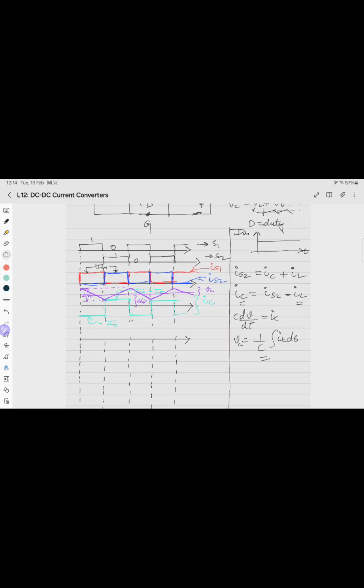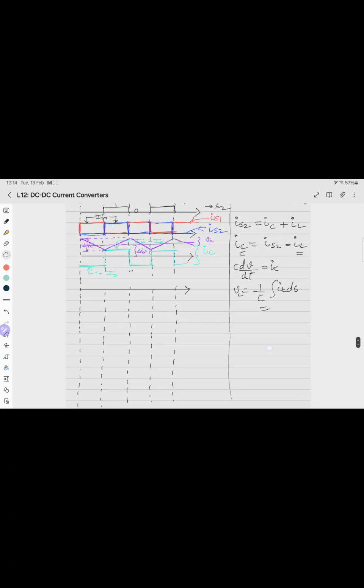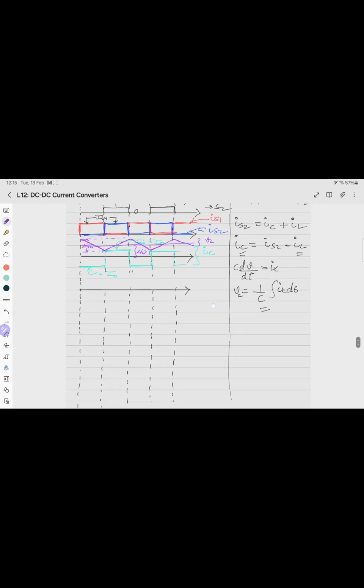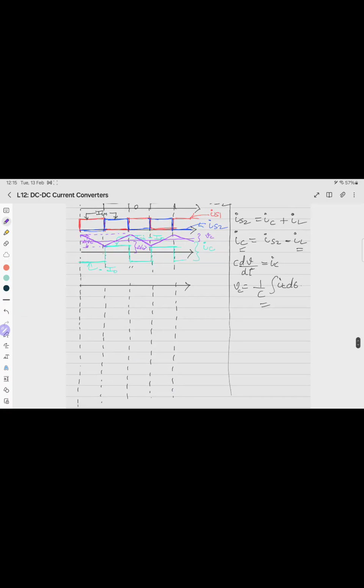Similarly, out of this waveform of Vc, the ripple content will go to the what? It will go to the inductor. That's why this waveform I'll just bring it down like this.